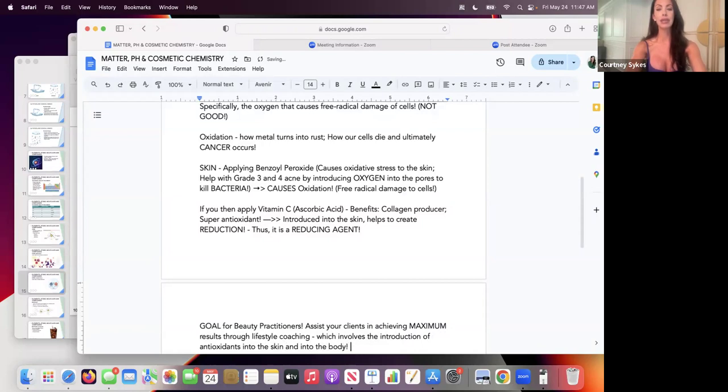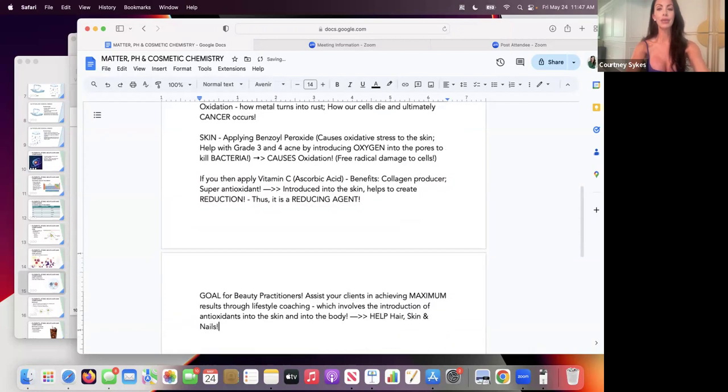That's going to ultimately help hair, skin, and nails, right? That is a goal for all beauty practitioners, is to really have those conversations with your clients and say, hey, there are a lot of things that we can help when it comes to our hair, skin, and nails. So here's what we need to do.